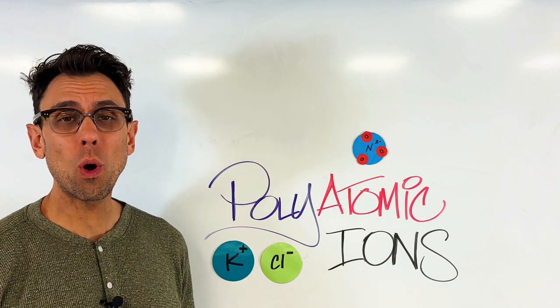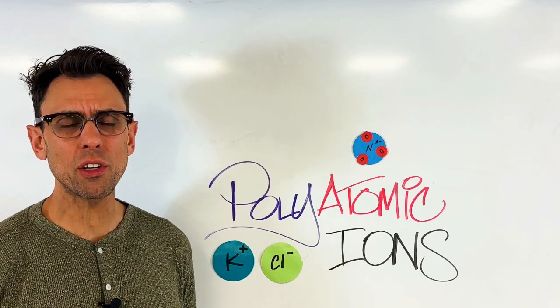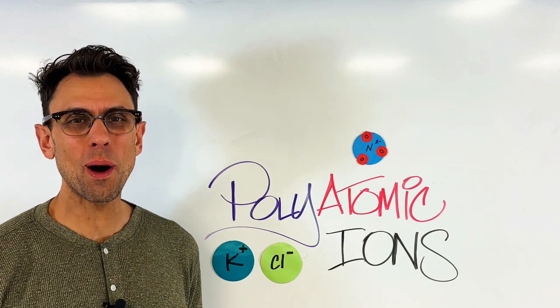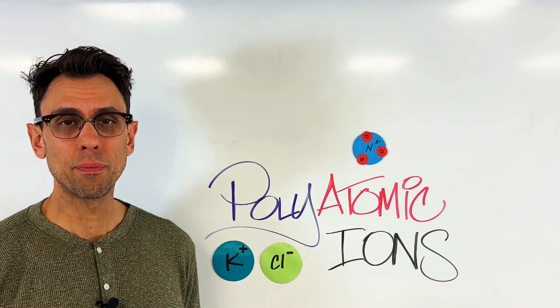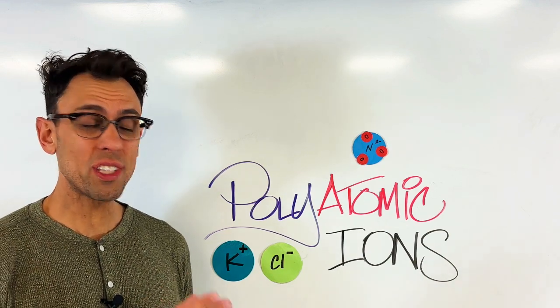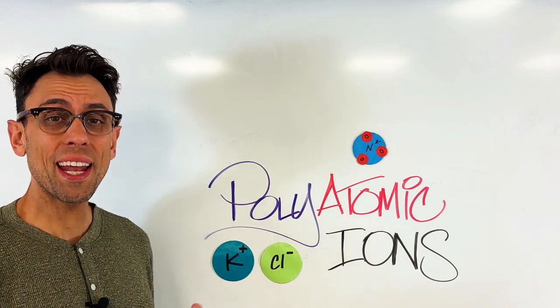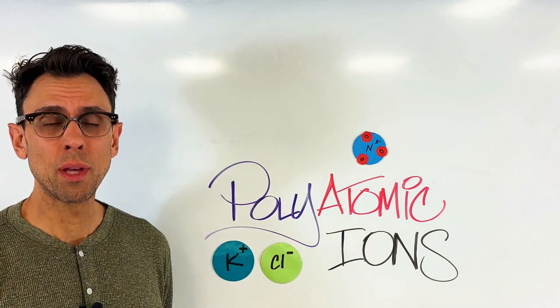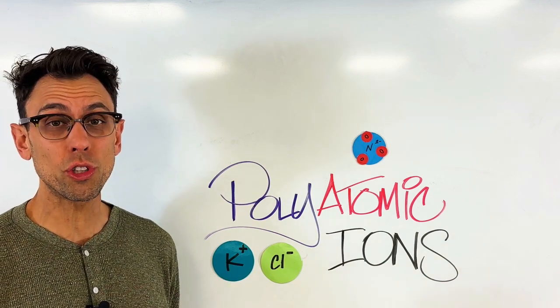Okay, so step one of understanding all you need to know about polyatomic ions is asking yourself, what is a polyatomic ion? And luckily the name holds that answer. You see, most ions are single atoms like potassium or chlorine that have an electrical charge. But the name polyatomic ions tells us something crucial.